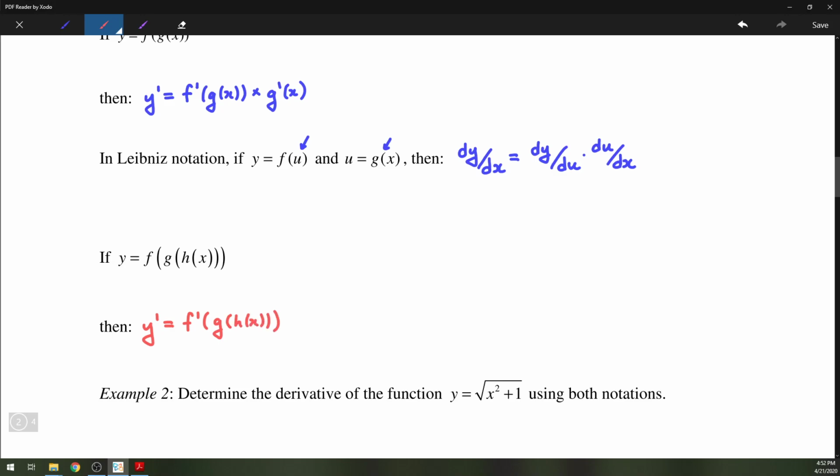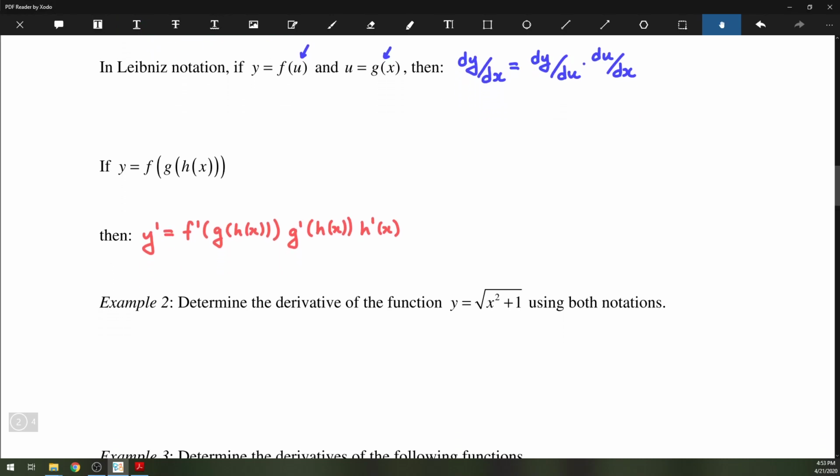And then you have to take the derivative of g of h of x. So that would be g prime of h of x. And then you basically apply the chain rule again, so you have h prime of x. Okay, so that might come in handy later.